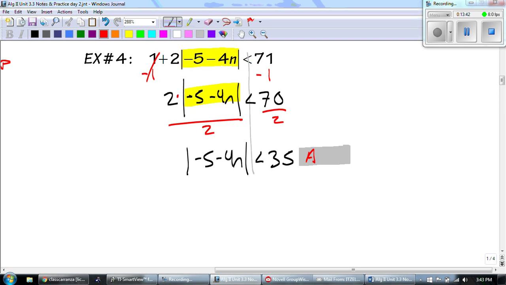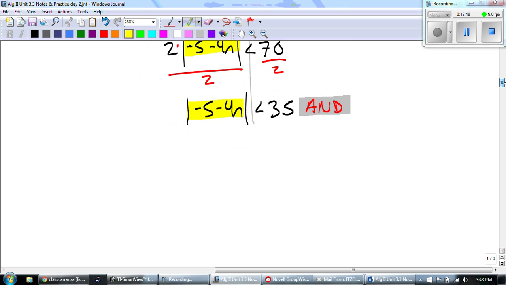So now that the absolute value is all by itself, it's less than, now I know how to set this up. Okay? I write what's inside the absolute value, and then I just keep that sign, and then we have a negative 35 and a positive 35.